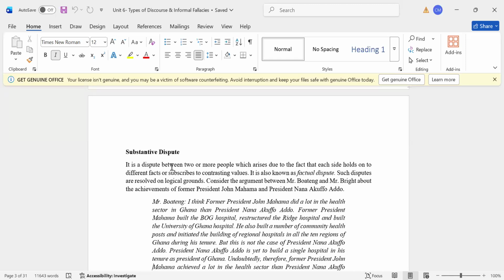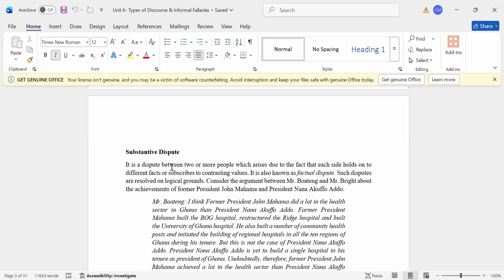So sometimes we engage in a dispute. I don't want to use the word argument. We engage in a dispute with people. We are discussing something. He says this, and I say that. Our positions are not the same. Just like a debate in the secondary school.